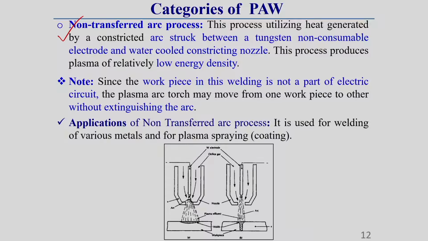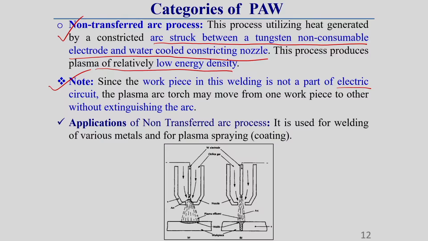So, in the non-transfer process, this process utilizes the heat which is constricted in between the tungsten non-consumable electrode and the water-cooled constricting nozzle. Okay. This process produces plasma of relatively low energy density. Definitely it is low energy density, and the workpiece, as I have already told you, is not a part of the electric circuit.